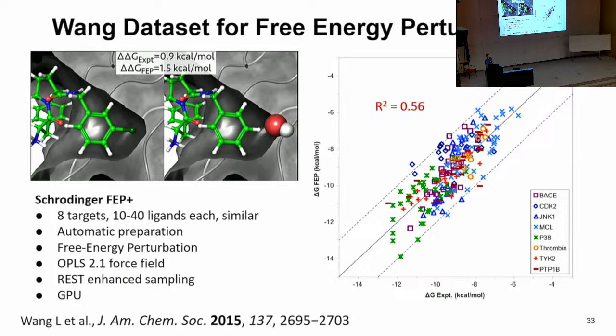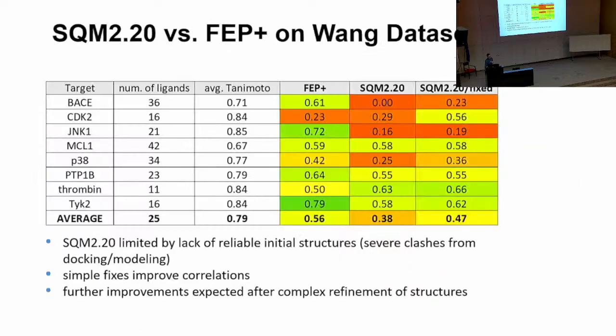Crystal structures, there were fewer, at least one per target, but some other ligands had been docked, so the quality was lower. But never mind, we tried the scoring.